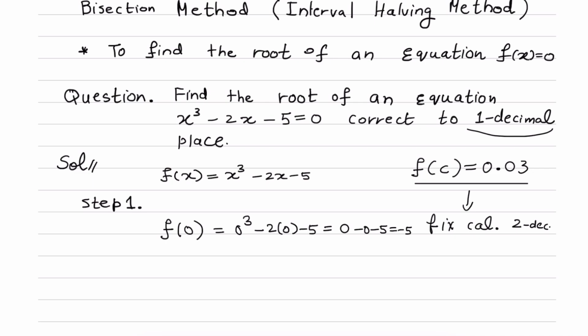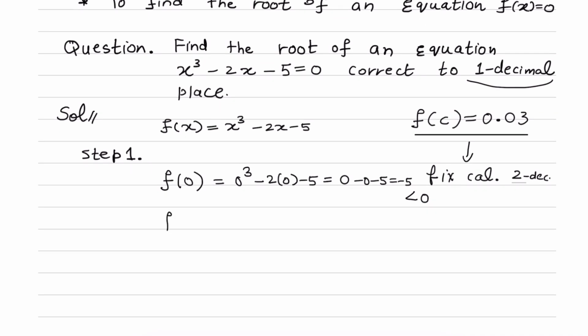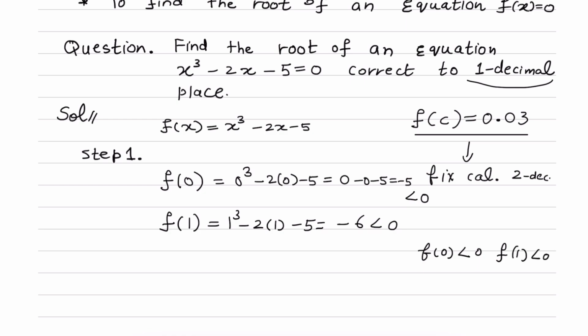This is negative, so we put a sign like this: f of 0 is negative. We find f of 1, which is 1 cube minus 2 into 1 minus 5, which is minus 6. Again, it is less than 0. So f of 0 is less than 0 and f of 1 is less than 0.